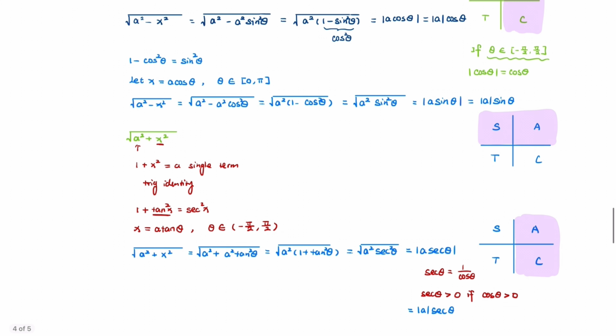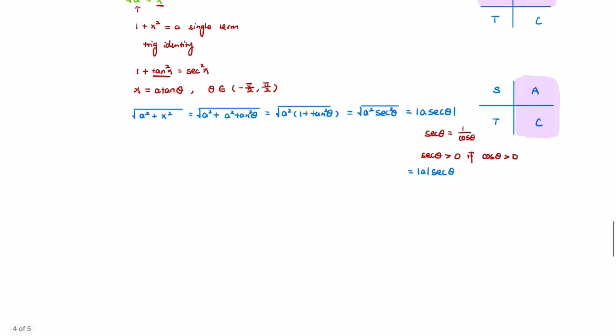Similarly, we can work on the last one, the square root of x squared minus a squared. Again, you can think of this as 1, and I need x squared minus 1 to equal a single term, so we're using a trig identity again. We know that secant x squared minus 1 equals tangent x squared, right? Which means my x is probably going to be a secant, again because we have a instead of 1, and I need to factor out a squared.